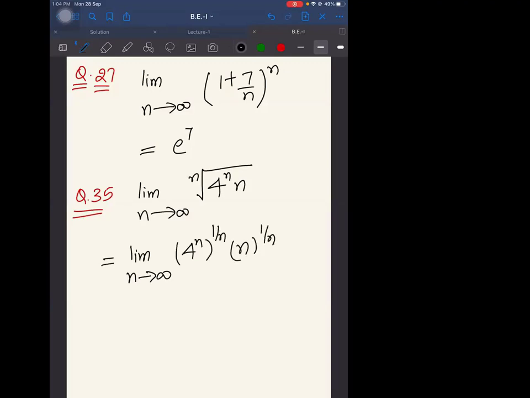Limit n tends to infinity of 4 times n raised to power 1 by n. And that we have already done; this we got 1. So the answer will be 4. Okay? True? Yes, sir.